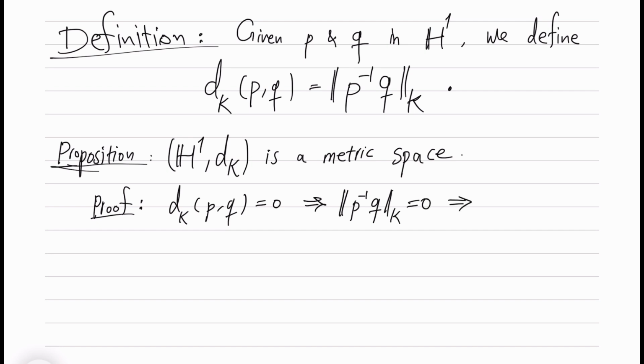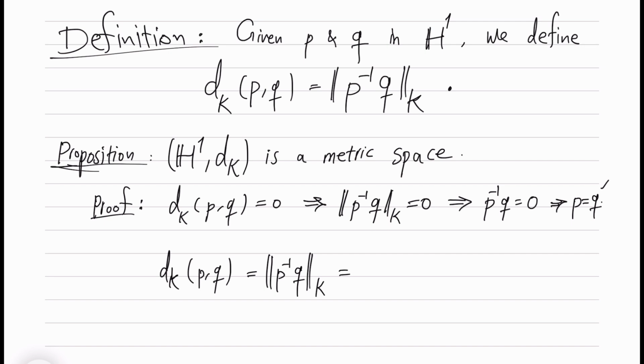But for the K norm we had the property that only 0 has this property, and multiplying by P from both sides would mean that P equals Q. So that checks the first part of being a metric. Next, d_K of P and Q is the norm of P inverse Q.